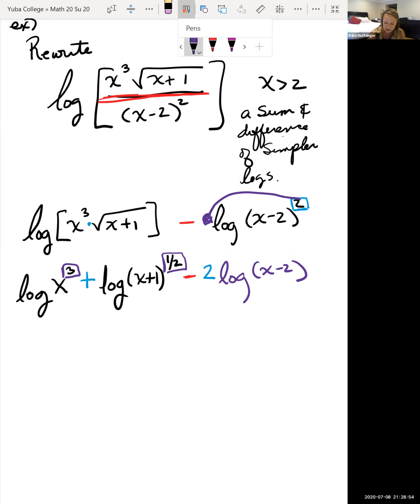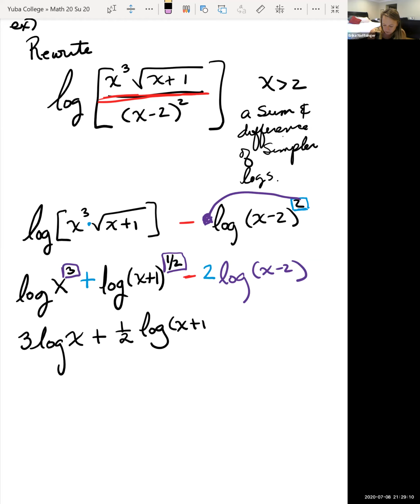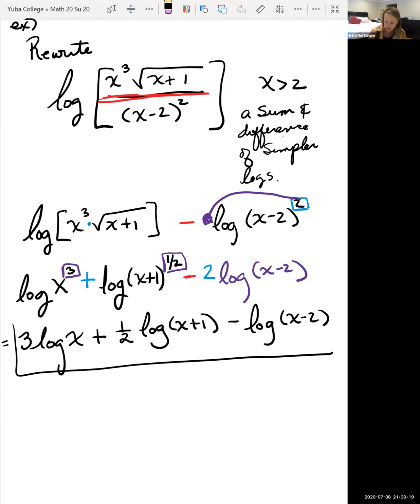And so doing that, we get 3 times log of x plus, bring our exponent down, 1/2 log of x plus 1 minus 2 log of x minus 2. So we just rewrote this as sum and difference of simpler logs.